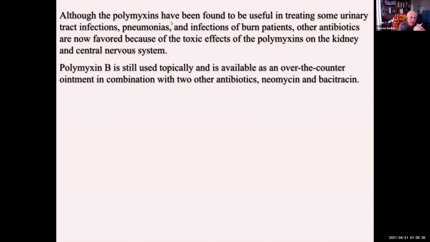Polymyxin B is still used topically and is available as an over-the-counter ointment in combination with other antibiotics, neomycin and bacitracin. That is polymyxin B. The hydrophobic end bonds into the cell membrane, causes the membrane to leak, causing cell death. It's toxic to the central nervous system and to the kidney. That's why it's used topically.